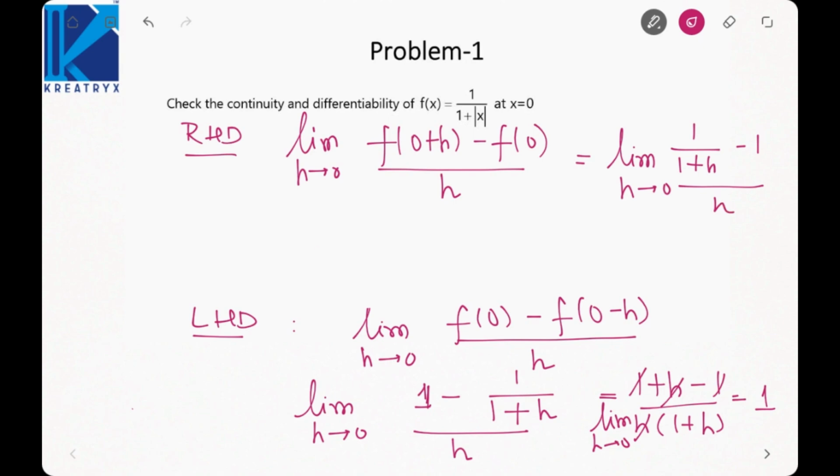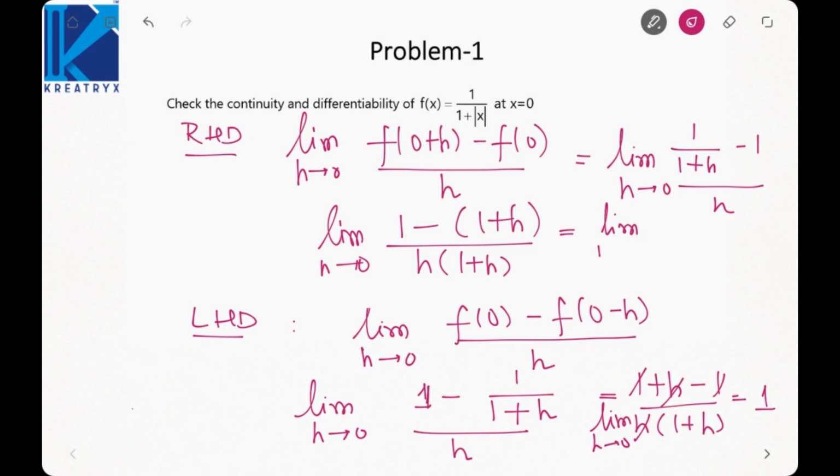So it will be (1 minus 1 plus h) by h(1 plus h). So it becomes limit h tending to 0, minus h over h(1 plus h). So this gets cancelled out, and it comes out to be minus 1.